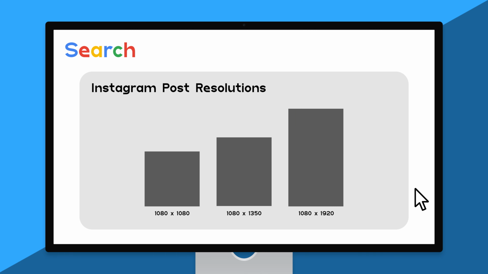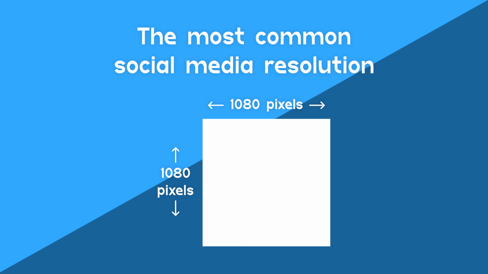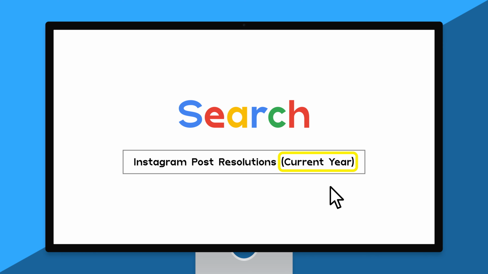And you'll be able to find a guide that tells you which resolution works on this platform. The most common resolution for social media posts is currently 1080 by 1080 pixels, although this may change over time, which is why I advise you to search with the current year date so that you can always find the latest information.